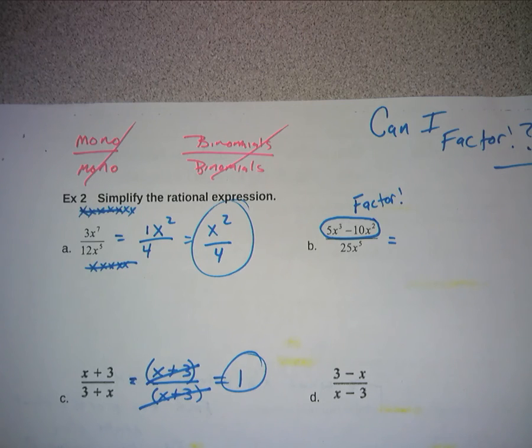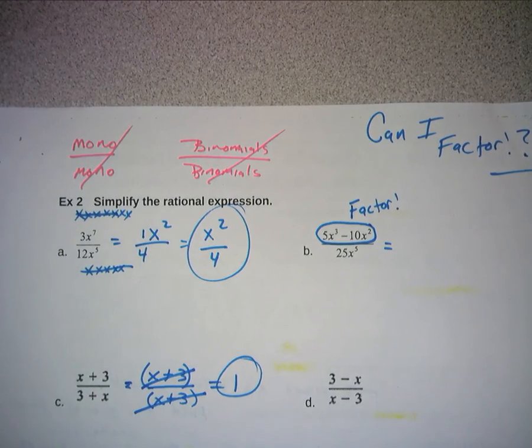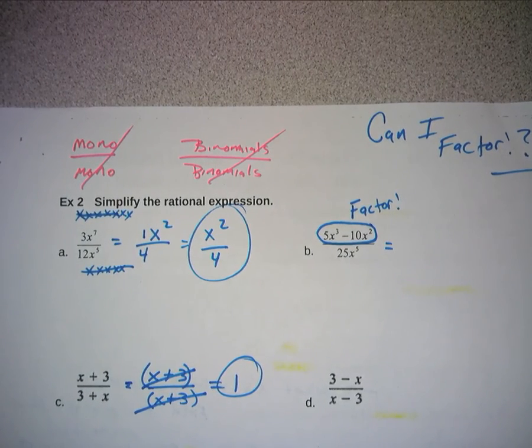What do they have in common? Destiny, Claudia, what do you guys see? What's the GCF there? What are they both divisible by? 5, Greg says.